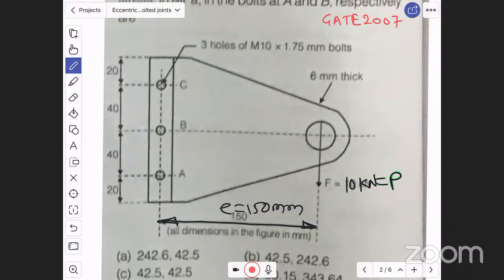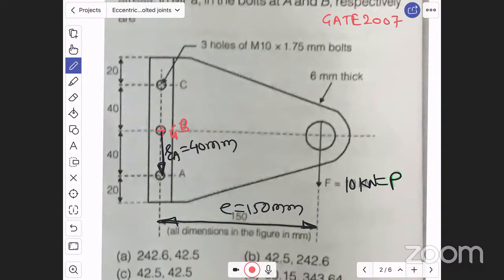Again, eccentricity is given, force is given. Now for bolts A, B and C, can I say the center of gravity G will be at location B. Therefore G will be at location B. Now from G, the distance of A is RA, which is 40 mm.